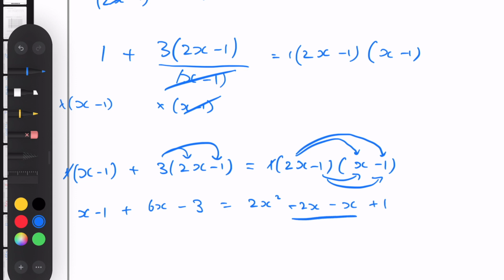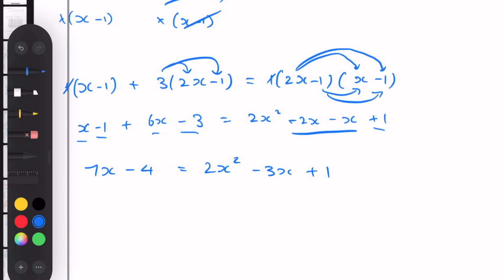We'll tidy this bit up here and this bit here. So x plus 6x gives you 7x, minus 1 minus 3 gives you minus 4, and that equals 2x squared, minus 2x minus x gives you minus 3x, and we've got the plus 1 like this. We will get everything onto one side of the equal sign, and we'll put it equal to 0.